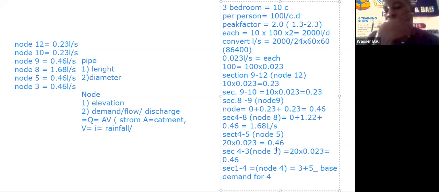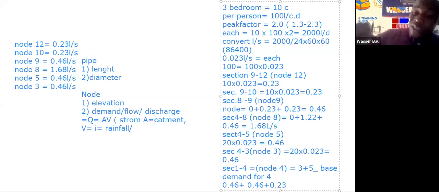What's the value for node 3? Node 3 is 0.46. What's the value for node 5? And that's 0.46 plus what's the value for the base demand for node 4? That's 0.23, sorry. There are 10 houses that are base demand that are contingent on him.